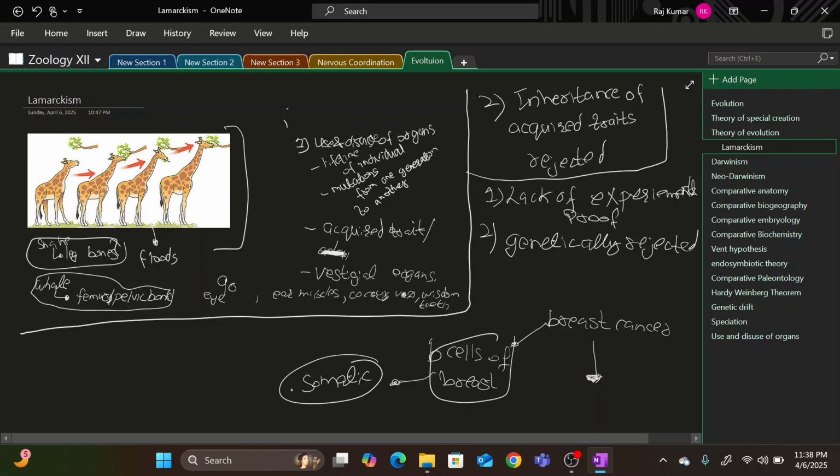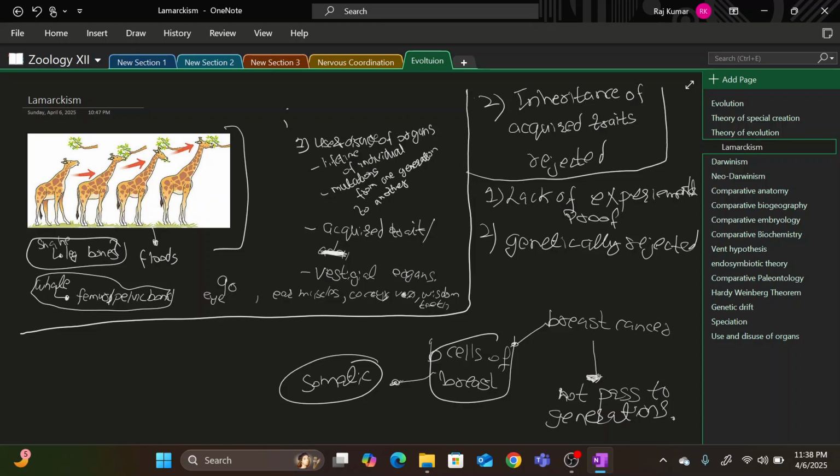Due to this reason, it will not pass to upcoming generations. Yes, there would be an increased risk of breast cancer in the upcoming offspring because of the epigenetic factor.